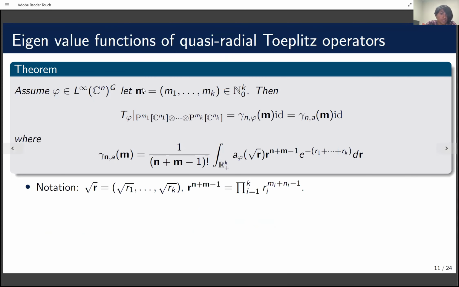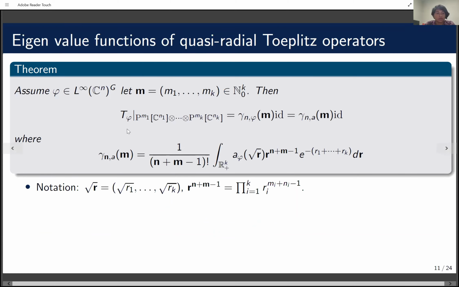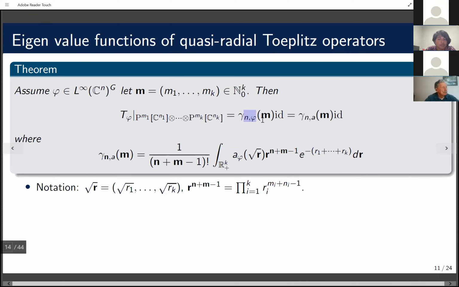Okay, now we have already diagonalized the Toeplitz operators. Now we just have to find what the constant is. As before, we can always identify this phi with an A defined on R plus to the k.